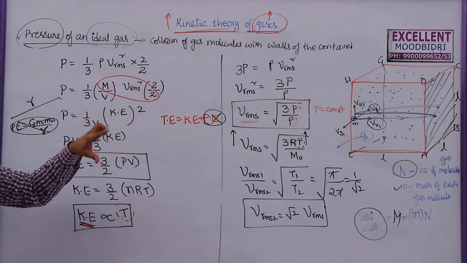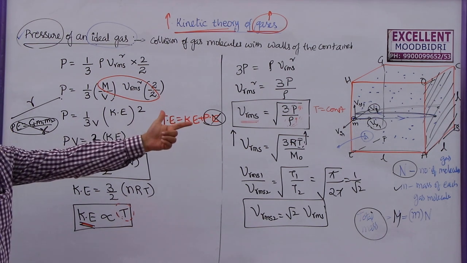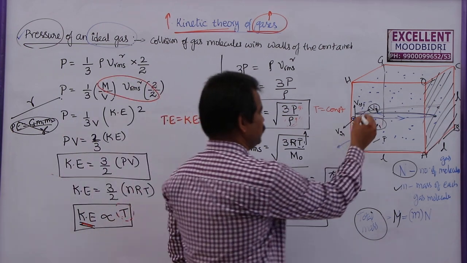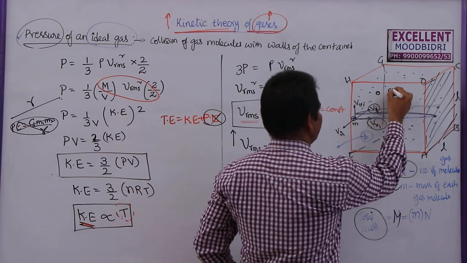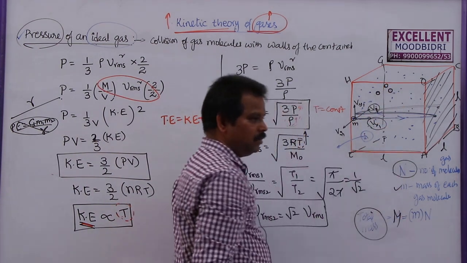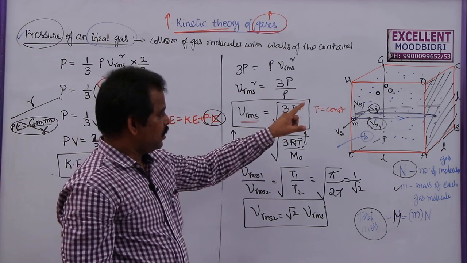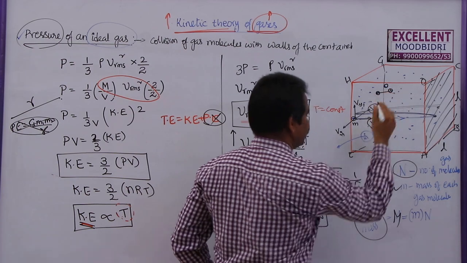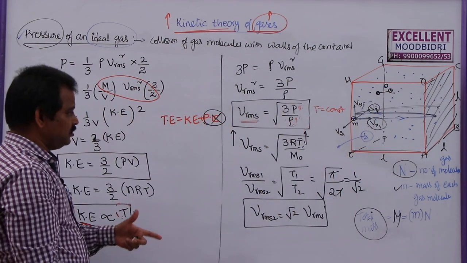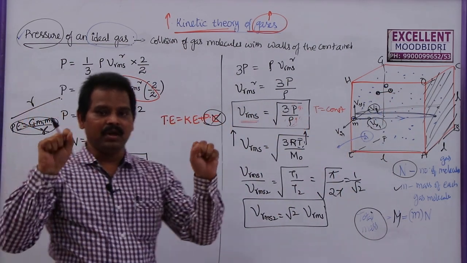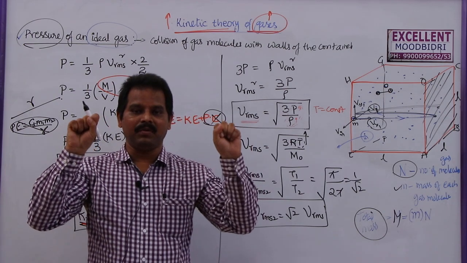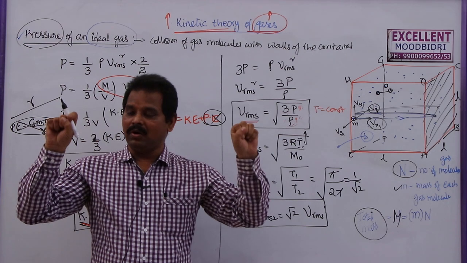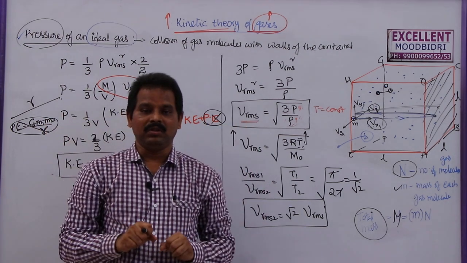Second, potential energy also develops between molecules whenever there is an interaction between them. But in these assumptions by Maxwell, there is no interaction energy between any two gas molecules. Suppose you take two particles having some mass, there is gravitational interaction between them, and they will always try to attract each other.